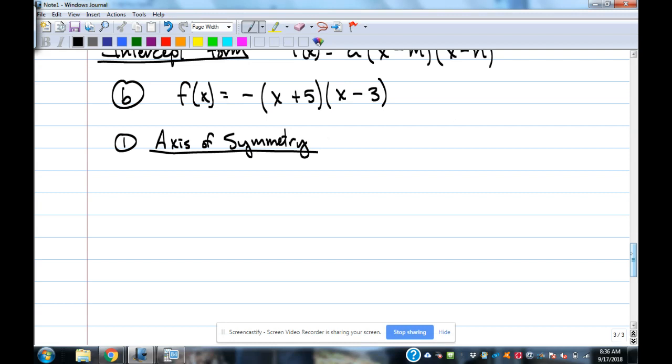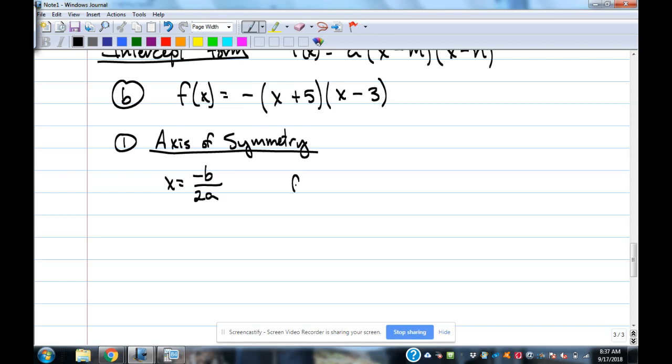Still going to do the axis of symmetry. It still has the same formula. The problem is that we have a, but we don't have b. So what we've got to do is multiply this out to get b to use.